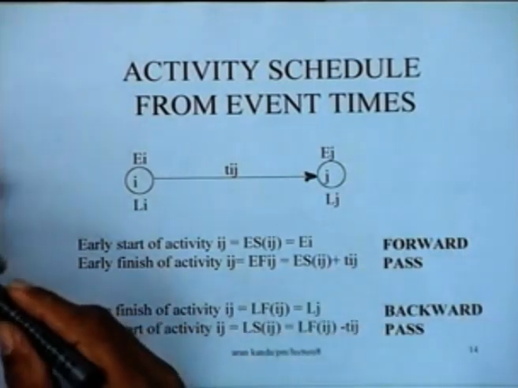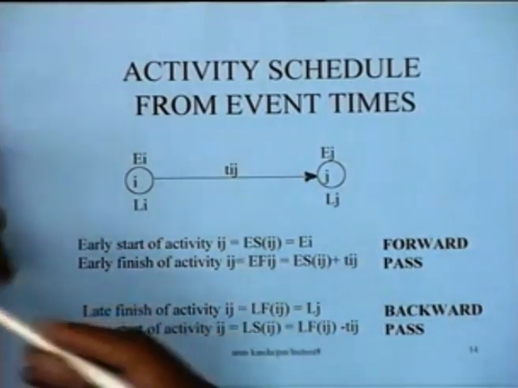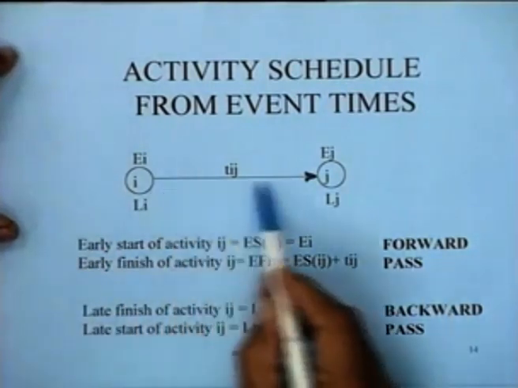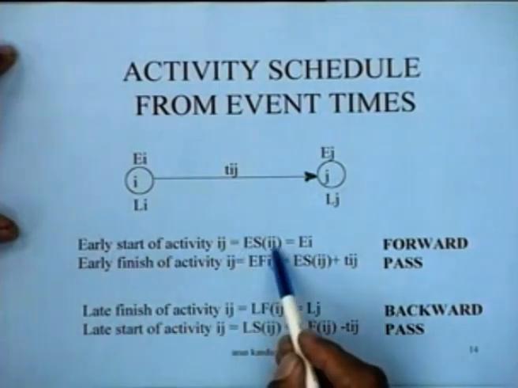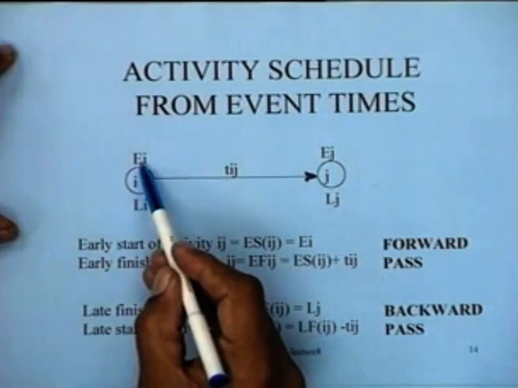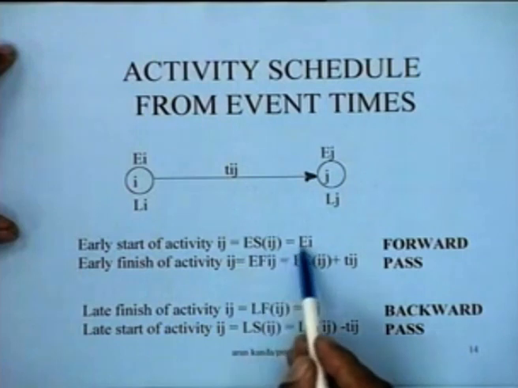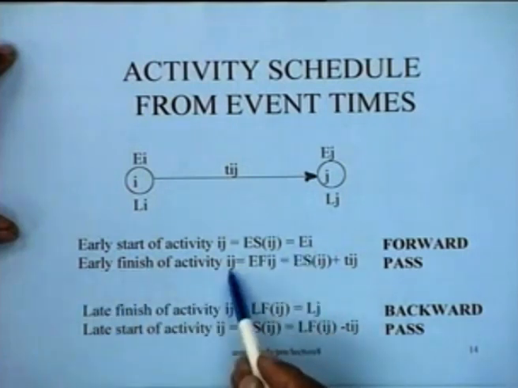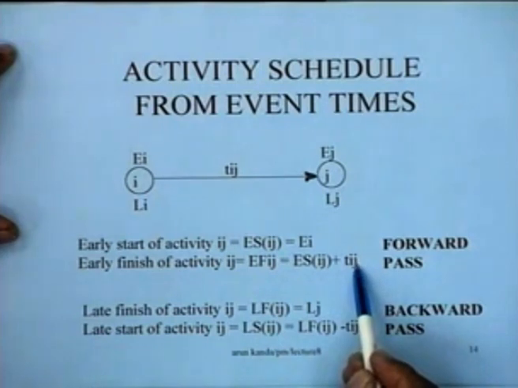So what we do is essentially we use this information and try to determine the early start of the activity ij. Early start of the activity ij is nothing but the earliest occurrence time of its predecessor node, right? So just ei. And once we have determined the early start of the activity, the early finish of the activity is early start plus the duration of the activity.